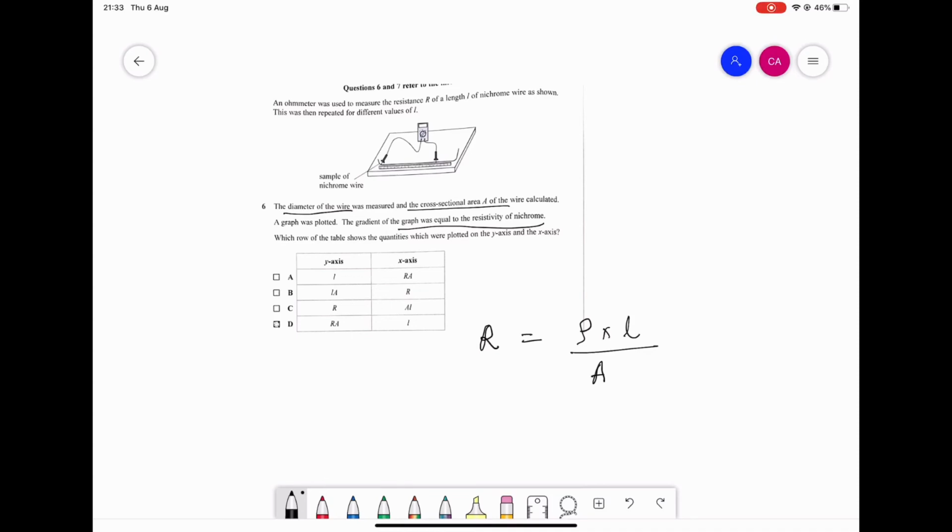Therefore, we can rearrange this equation as RA equals rho L. And according to the question, the gradient is the resistivity. So if we rearrange as in the y equals mx equation, the x-axis is length and the y-axis is RA. Therefore, the answer is D.